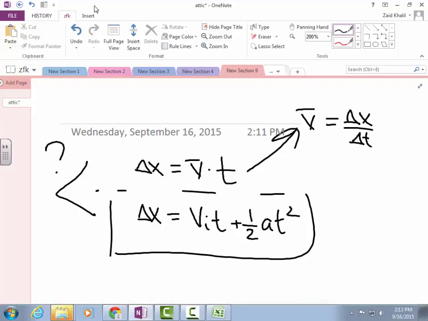Someone got it. So under what condition are they equivalent? 0 acceleration. In other words, if a equals 0, what do you get back? You get back basically the rearrangement of the definition of average velocity. Does that make sense? So now here's a question. Does this basically replace this entire formalism? Is this more general? And the answer is yes.